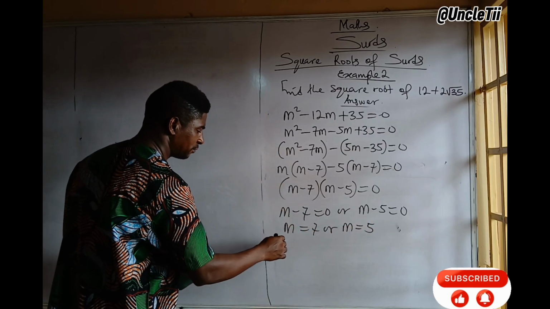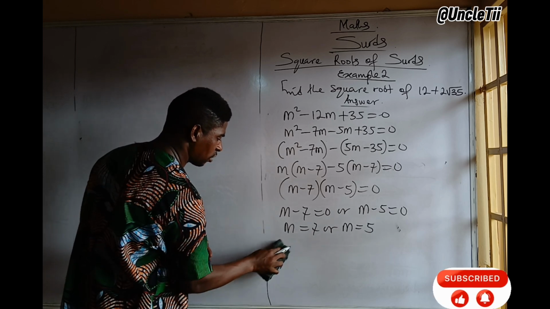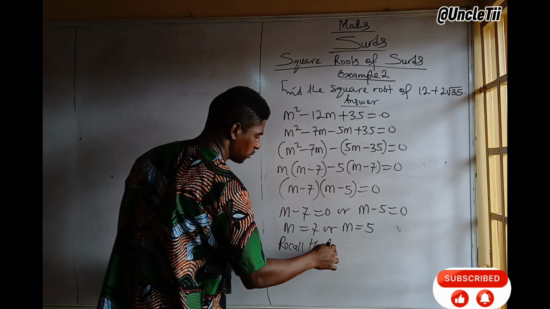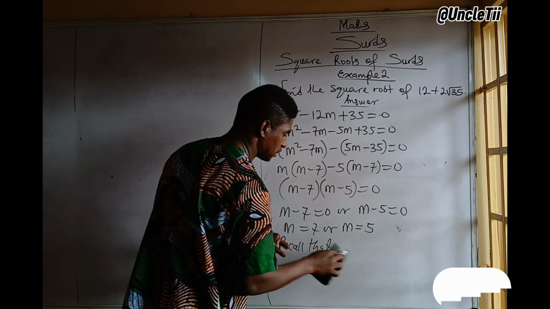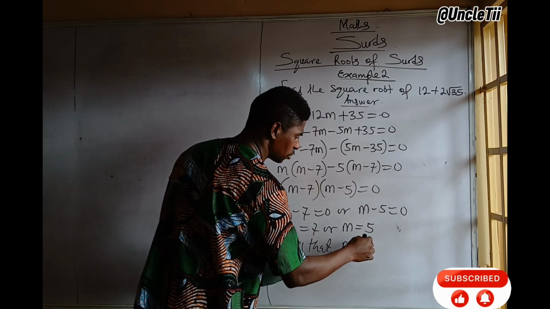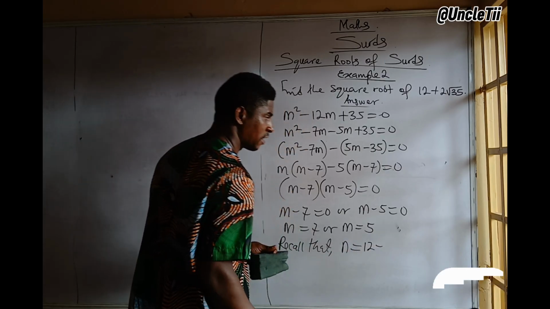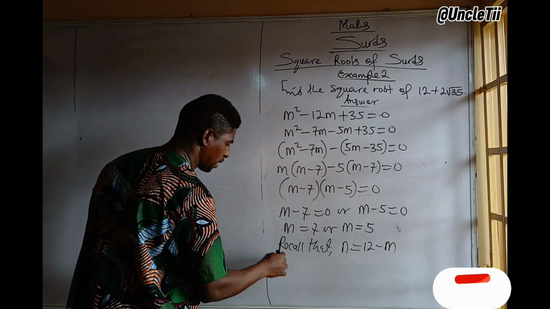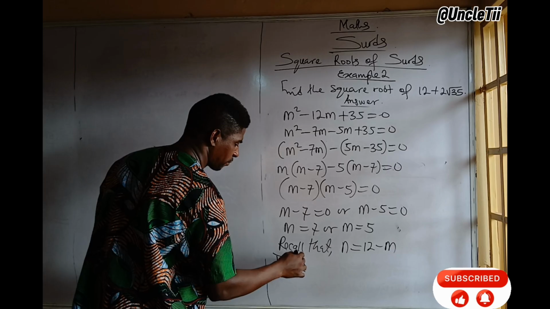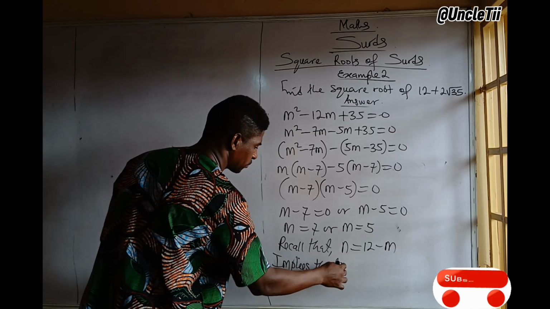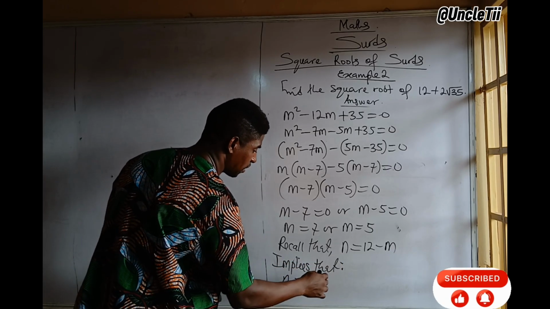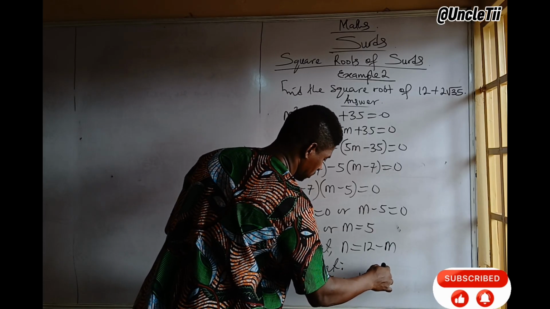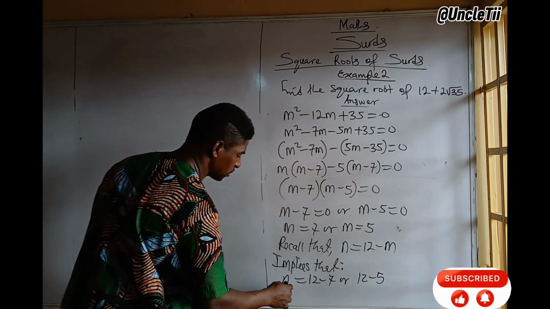So from here now, and don't forget, recall that n is equal to 12 minus m, implies that n is equal to 12 minus 5, or 12 minus 7 rather, or 12 minus 5.